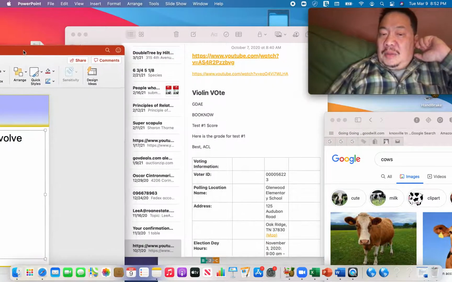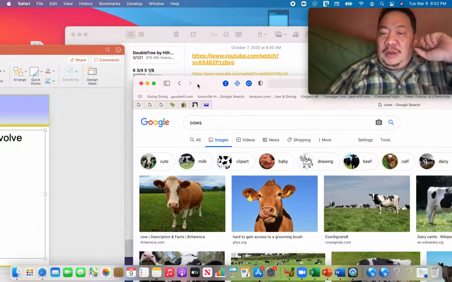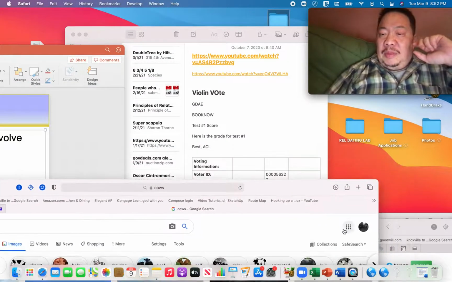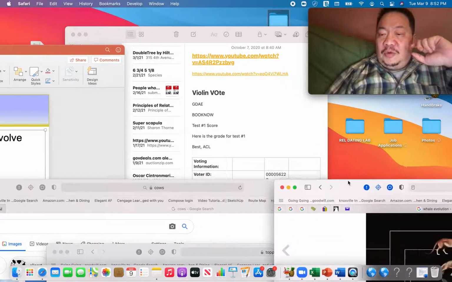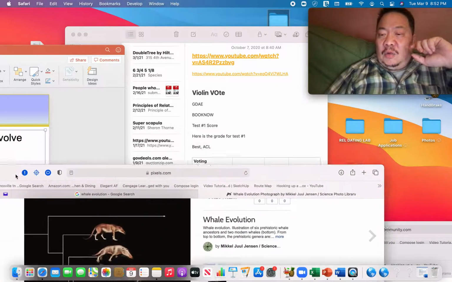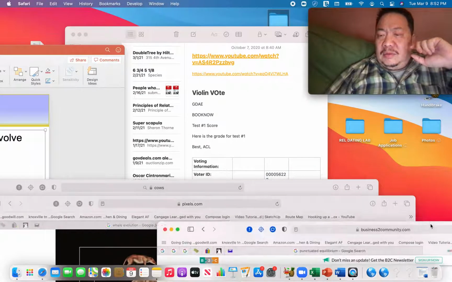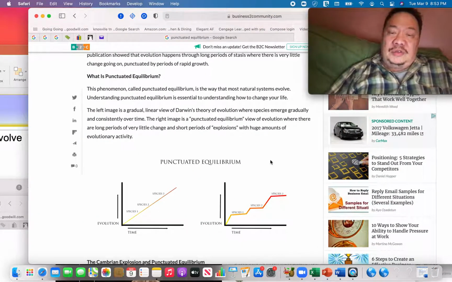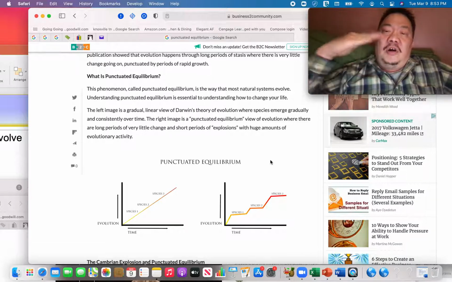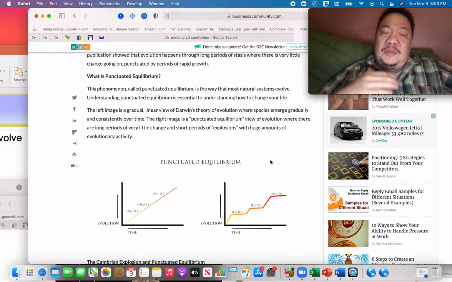So people who believe in punctuated equilibrium, they point to the fossil record, and they say, well, what about cockroaches? And what about other creatures? They don't change at all for millions of years.